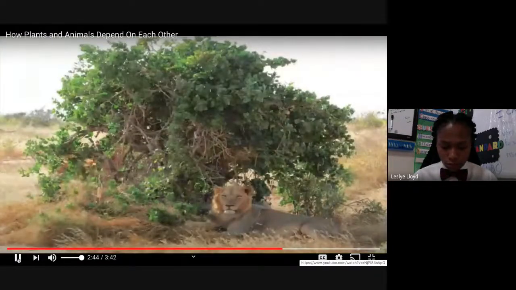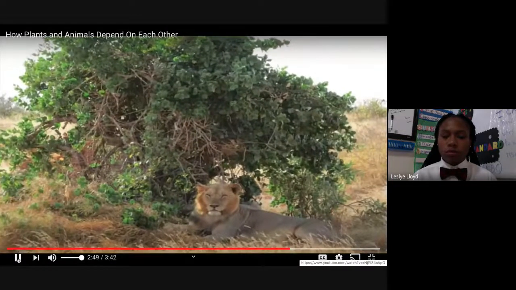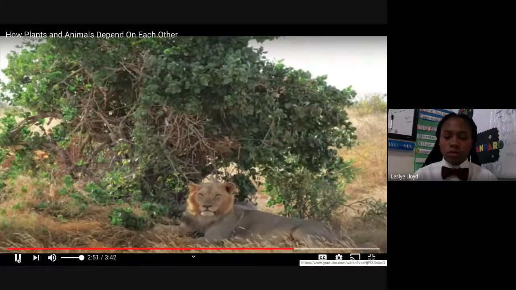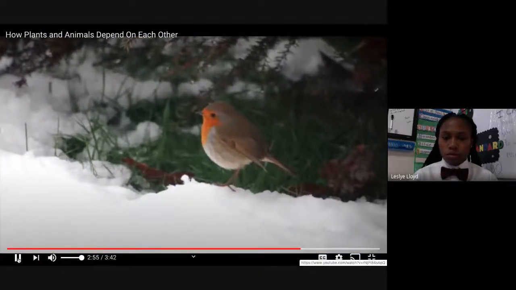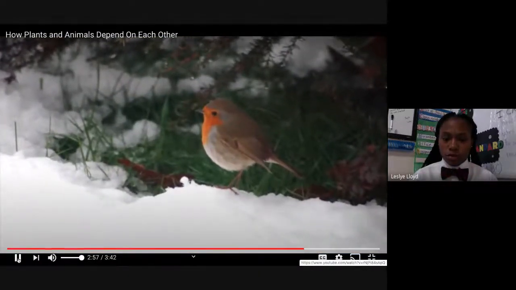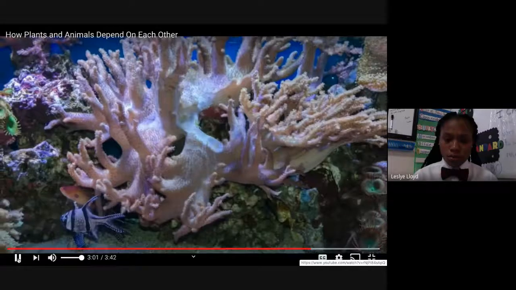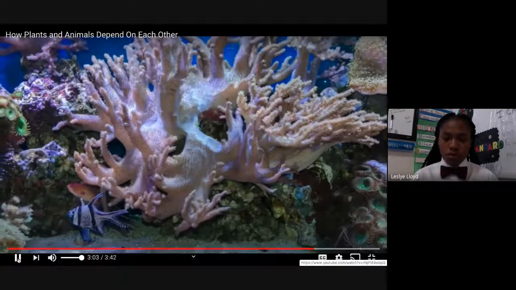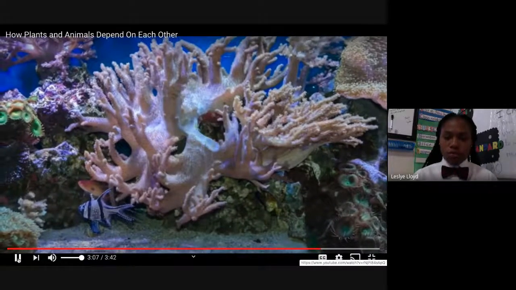The last way animals depend on plants is for weather protection. When the sun is too hot, some animals need shade. When there is precipitation, animals need protection from tree limbs, shrubs, and other plants. Even animals underwater need protection from sun and weather. Many fish find protection in coral.